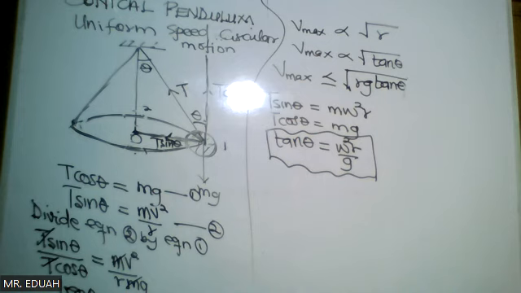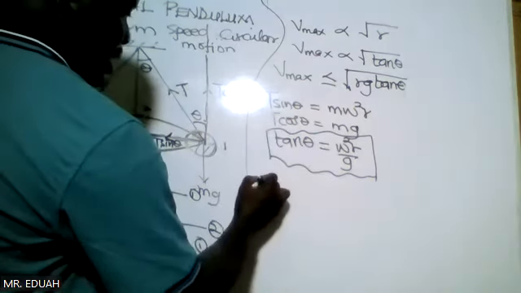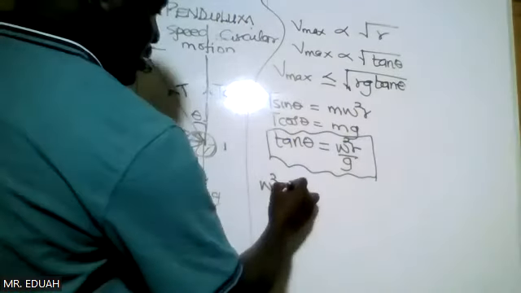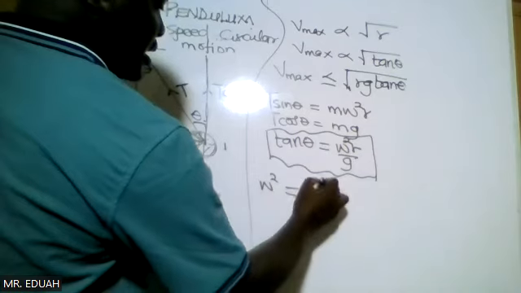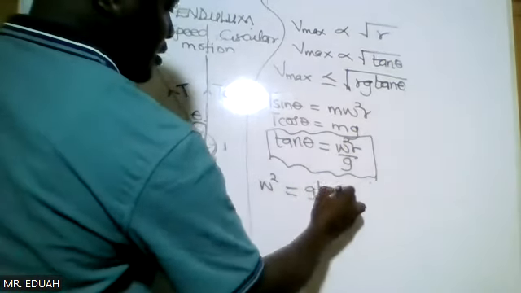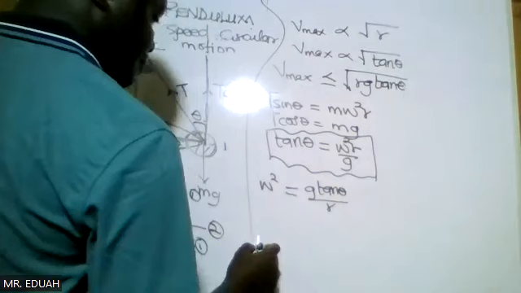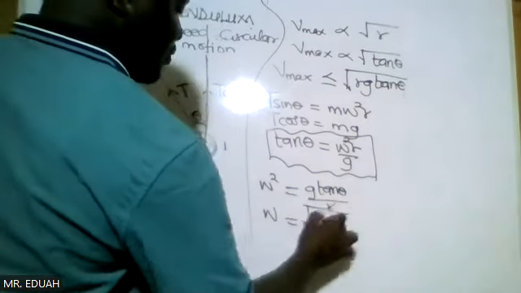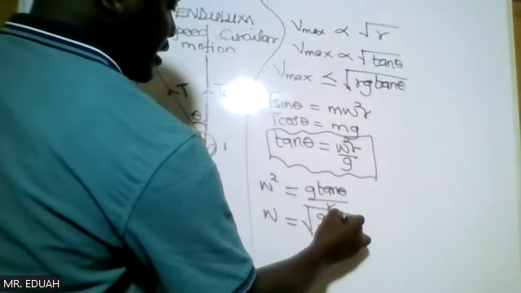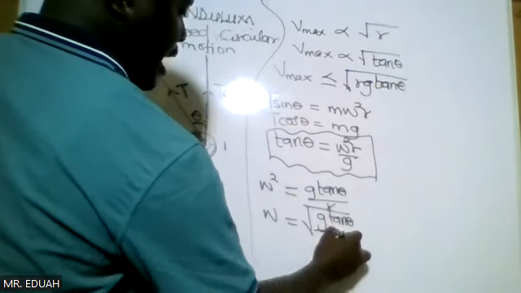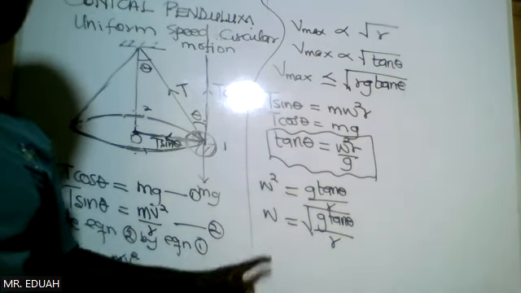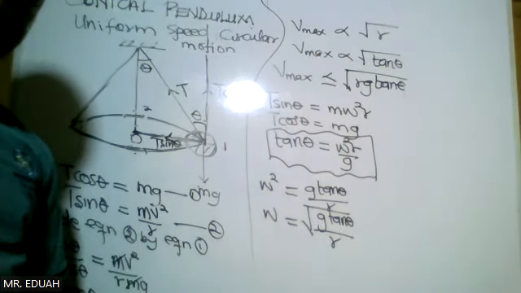Therefore, from this, we can also deduce that the angular speed omega squared would be g tan theta over r, and omega will be equal to square root of g tan theta over r. So if you are asked to find the angular speed, you can use this to find omega.